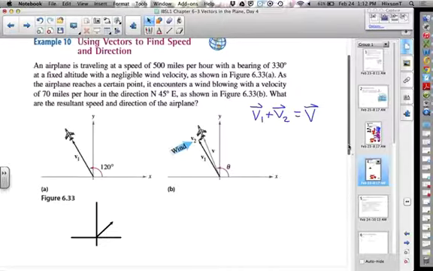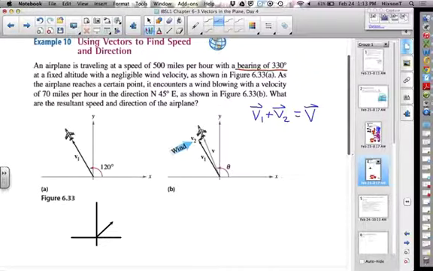First of all, it said that the airplane is traveling at 500 miles per hour with a bearing of 330 degrees. And the one question is, why do they have 120 degrees when it's 330 degrees? And that's because this says it's a bearing of 330 degrees. How do we measure bearings? Clockwise.